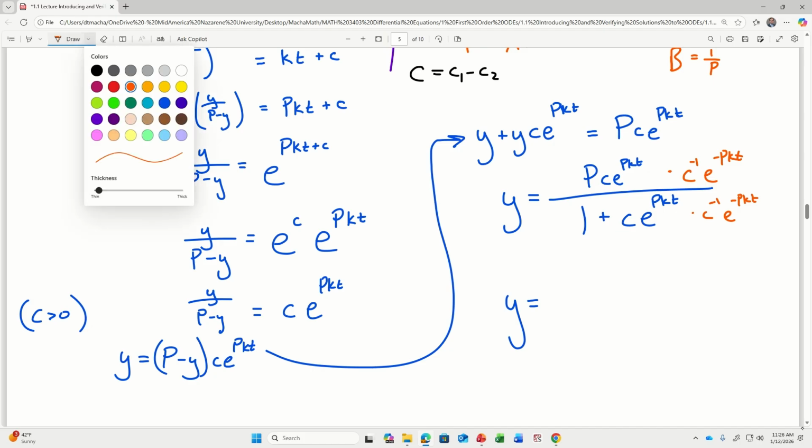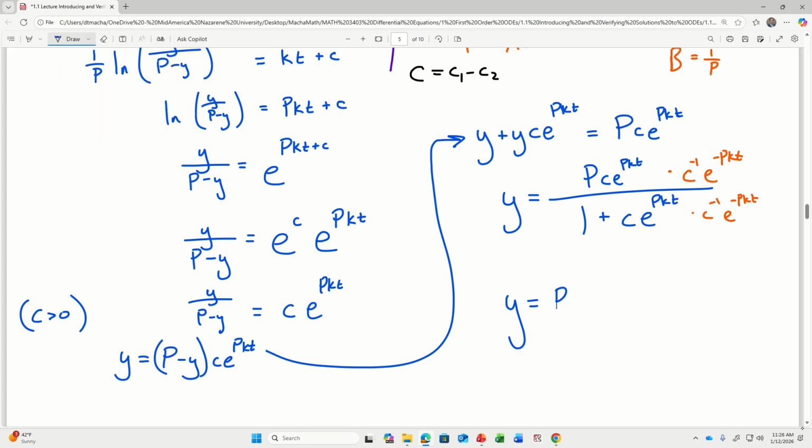Because that just makes it look a slightly bit nicer, so that you'd get, those all cancel out to 1, and then this and this cancel out to 1. And c reciprocal is just the reciprocal of an arbitrary positive constant, so it's just an arbitrary positive constant. And then I get e to the negative pkt.